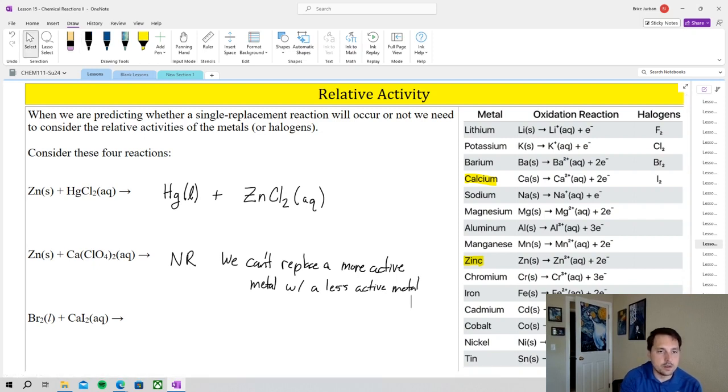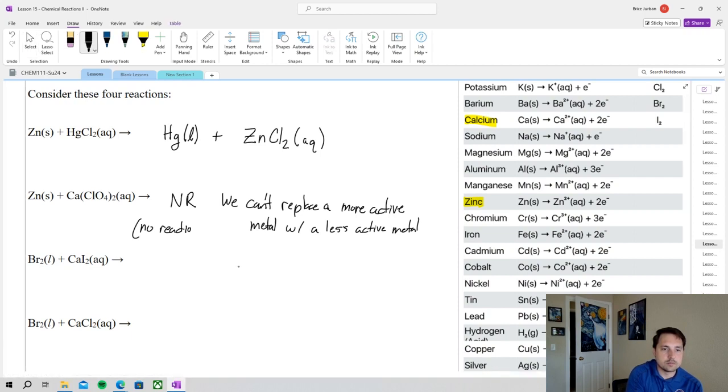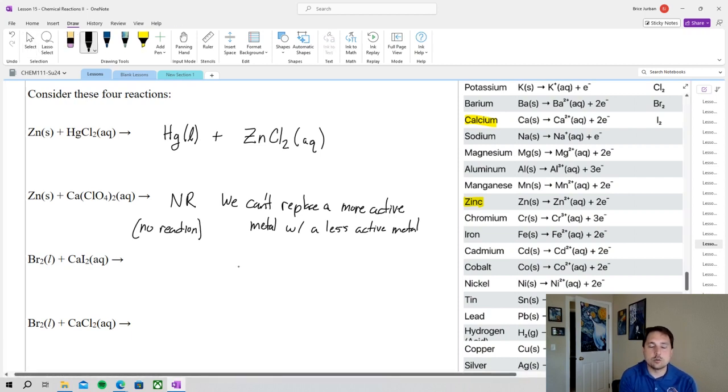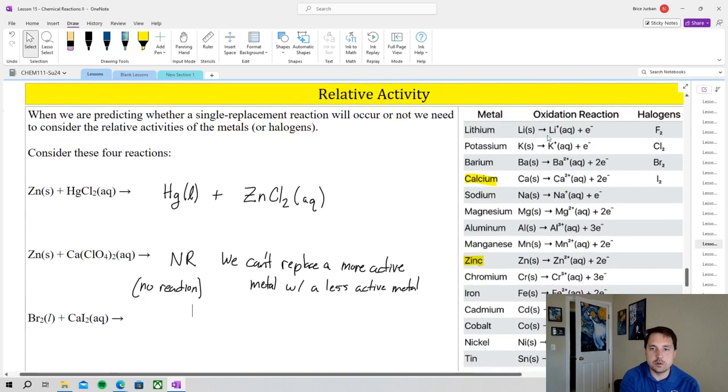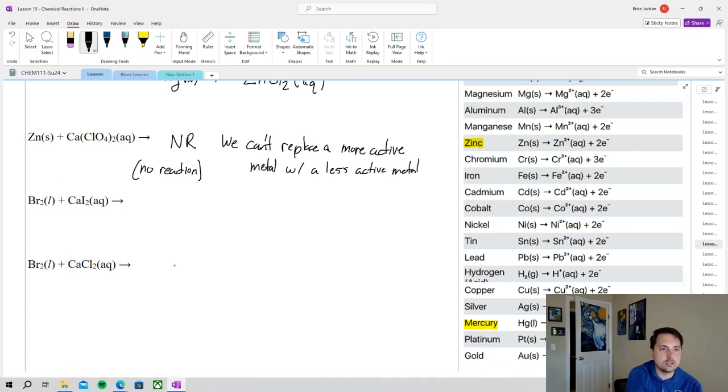Okay. So NR stands here for no reaction. Now, it might occur to a small extent, but we're going to predict just from this trend that it won't happen.